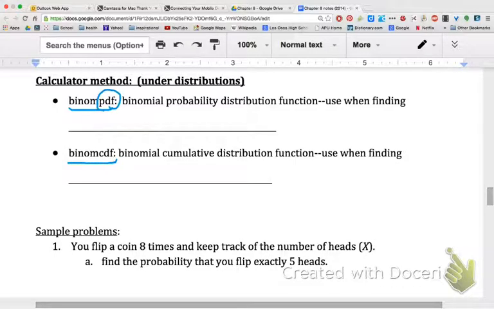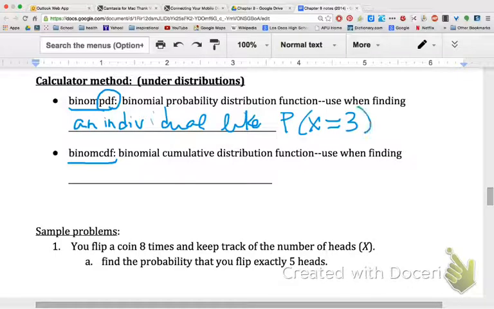PDF we use when we're finding an individual probability. So it would look something like this. The probability that x is equal to 3, just 1. But CDF is cumulative, so we'll use that when we're finding a sum, or more than an individual.